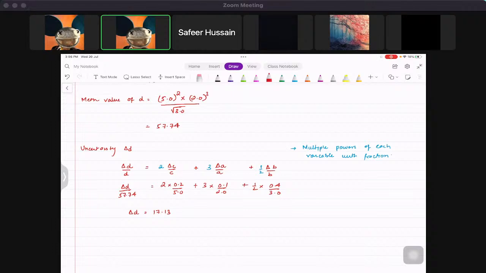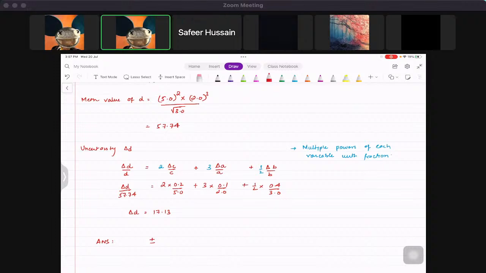So now I'm gonna write the answer. Who's gonna tell me what do I write for uncertainty? 17. That would make it two significant figures, not one. 20. That's correct.